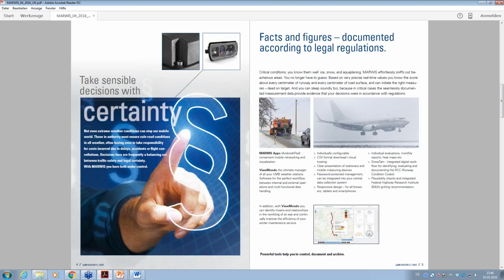How to make that with only fixed sites? It's a difficult approach. Fixed sites are a certain investment, so some people can afford to install a fixed site every 5 kilometers. Others only do that every 50 kilometers. In both cases, you have gaps in between. So if you combine fixed sites and mobile technology, then you get hundreds of additional data points through your winter trucks whenever you have winter conditions.